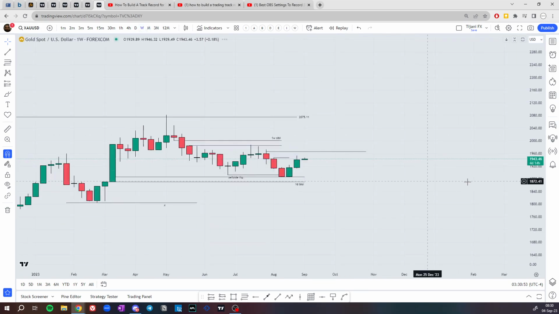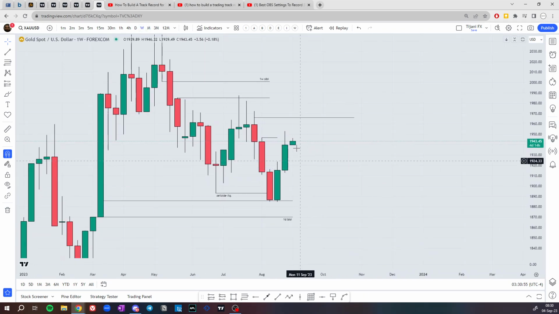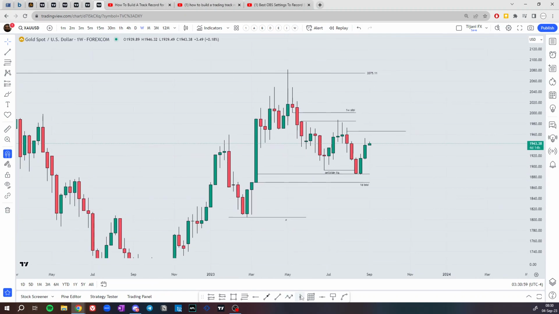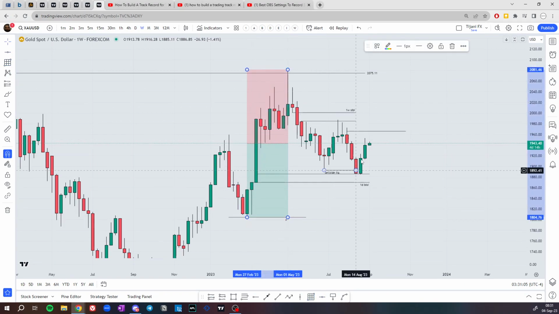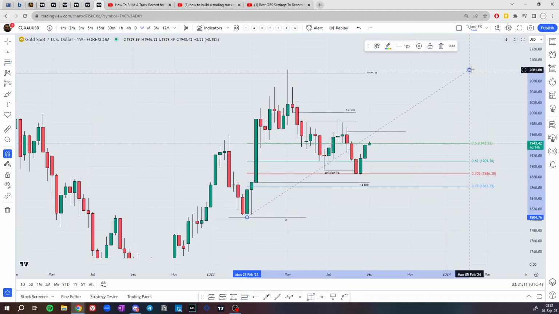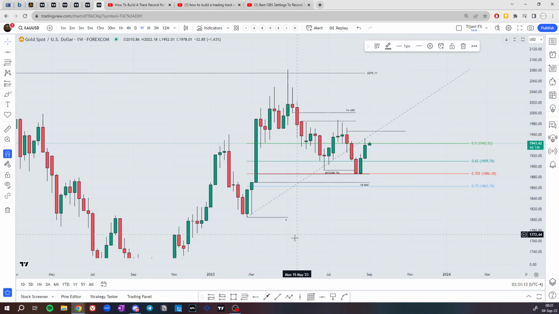On the weekly time frame, what we see is price has retraced to this monthly range. This is the monthly range. Price has retraced to the midpoint of this monthly range, and if we use our Fibonacci levels, we have a retracement to the optimal trade entry here, and a reaction from that, a continuation higher.